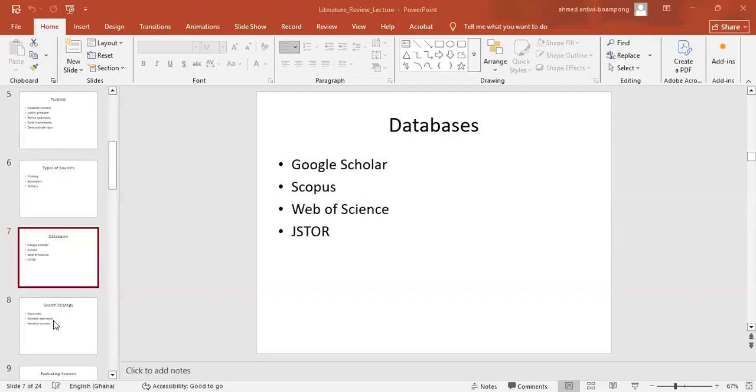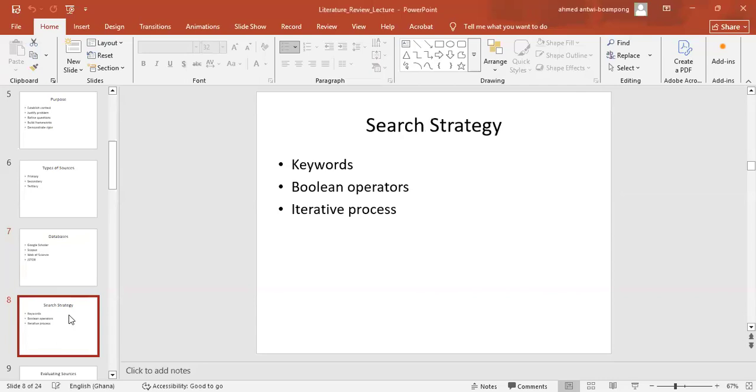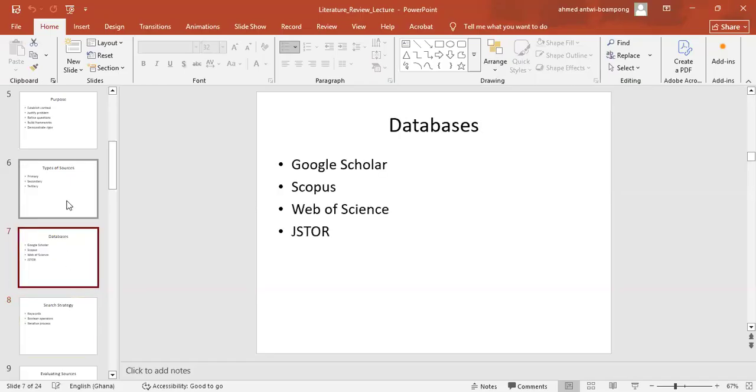So take note, because in your research you would be using these. Now we have spoken about the sources of your literature.